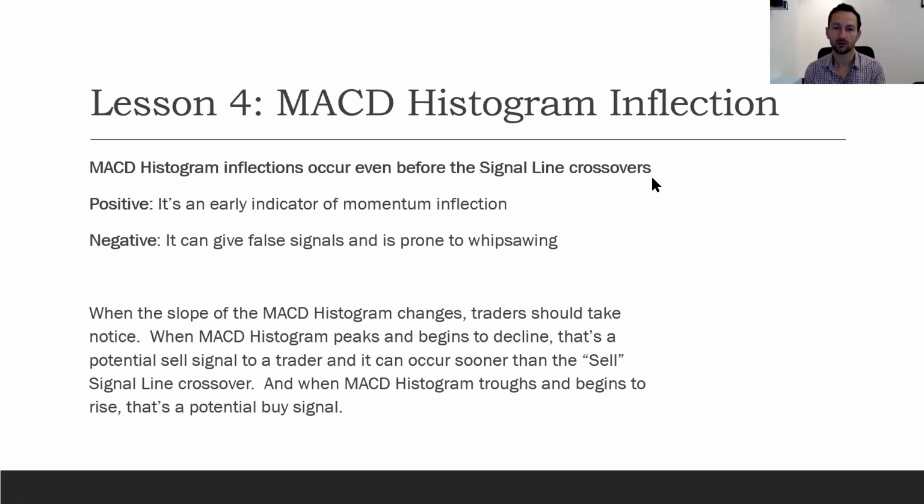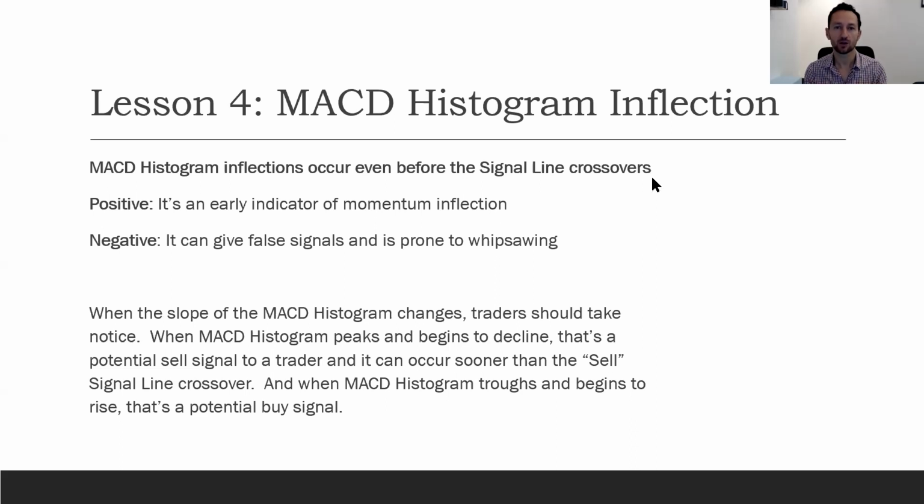So really, I use it as a warning that I need to pay attention. If I bought the coin and it's gone up and I see that the MACD histogram bars have declined for a couple of days, maybe I'll take some profits off the table, trim half the position or so.